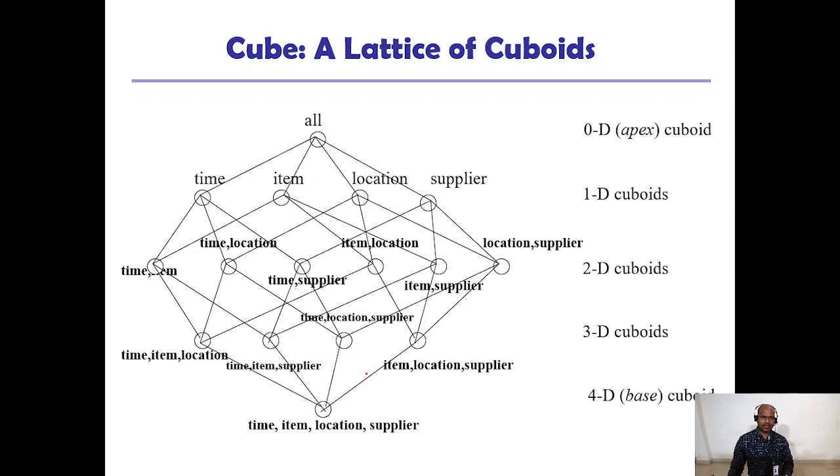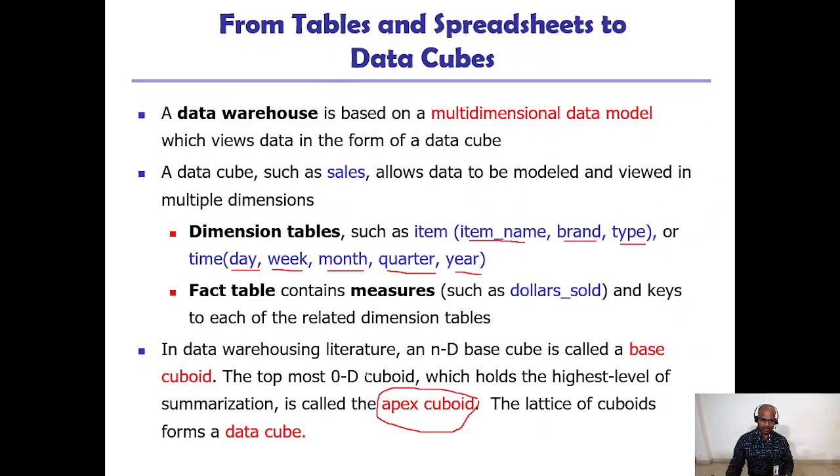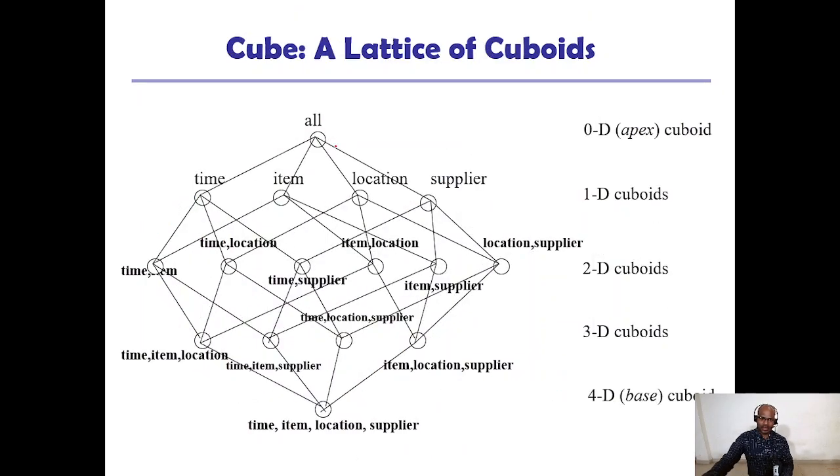Now we will see what a lattice of cuboids is. In data warehouse literature, an n-D base cube is called a base cuboid. If the dimension of that cuboid is 0, then it is an apex cuboid. So the dimension here is 0, so it is called an apex cuboid, or zero-dimension cuboid.